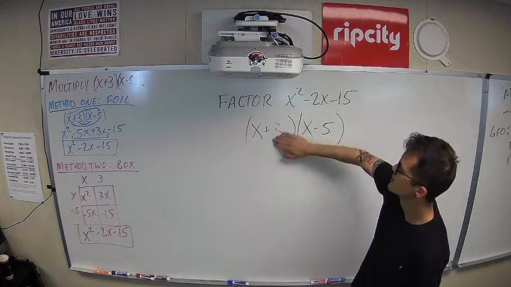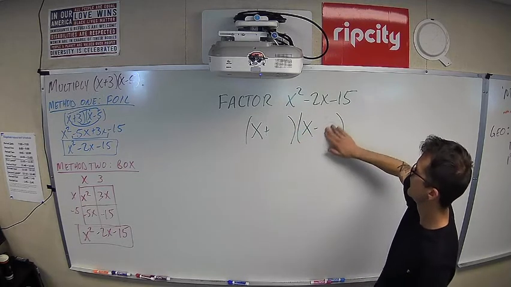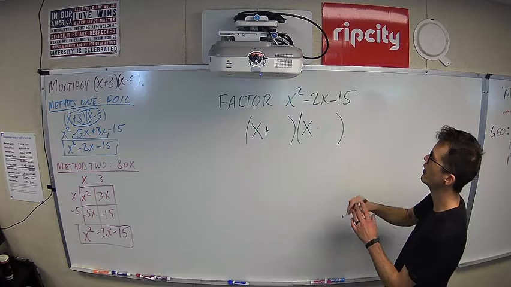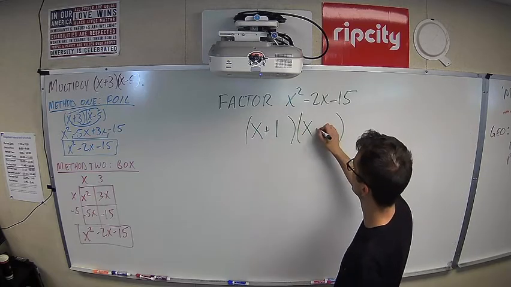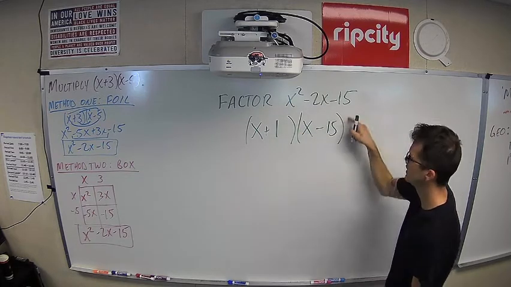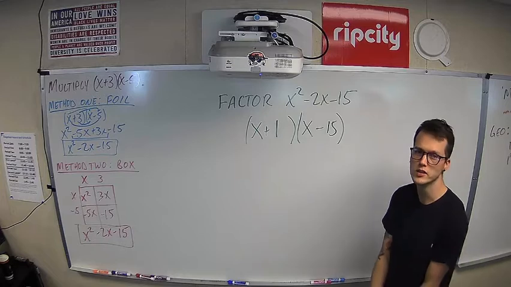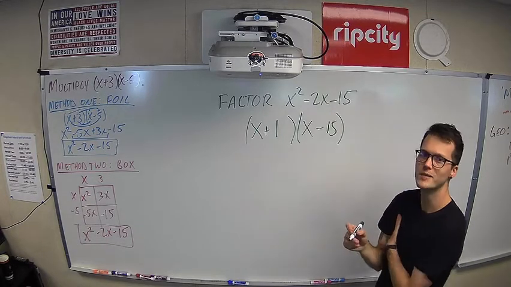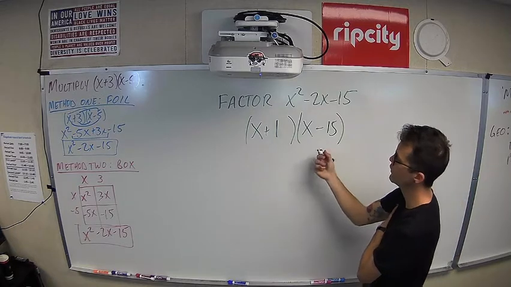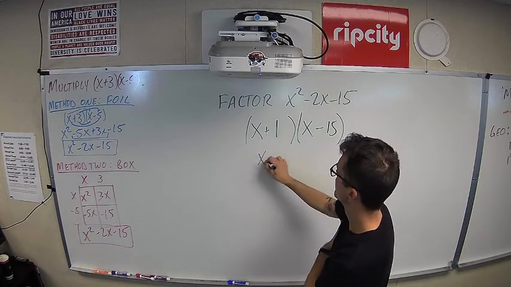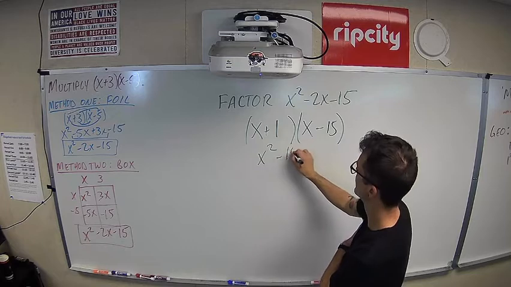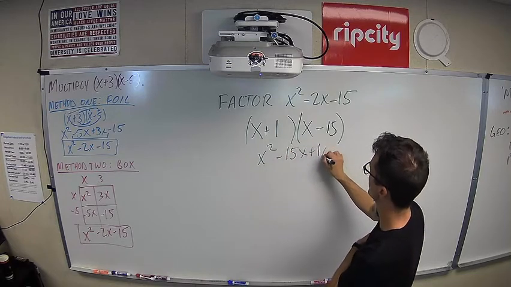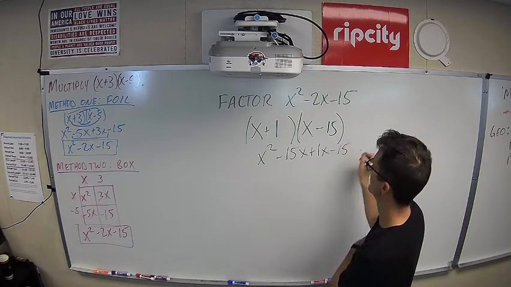If you were to make a guess and say, well, I know that 1 times negative 15 equals negative 15, that's true. That satisfies that part of the puzzle, but it doesn't add up to negative 2. So when you FOIL this, we'll even do it real quick. You get x squared minus 15x plus 1x minus 15.